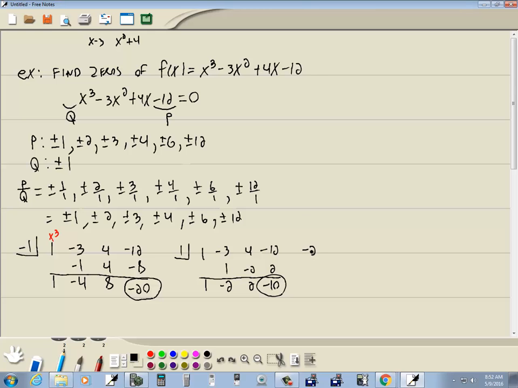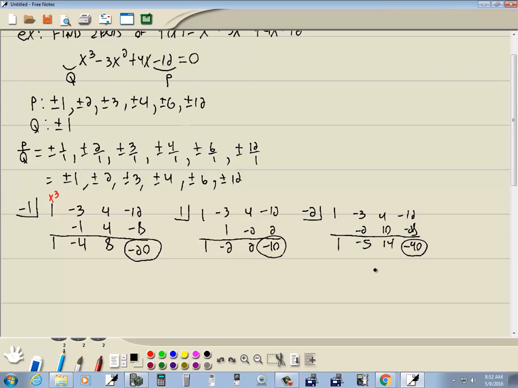So we go on to the next one, negative 2. Plug it into synthetic division. And still don't have a 0 there. Okay. So we'll go on to 2. Now you don't try every number, you just try the numbers in your list here.